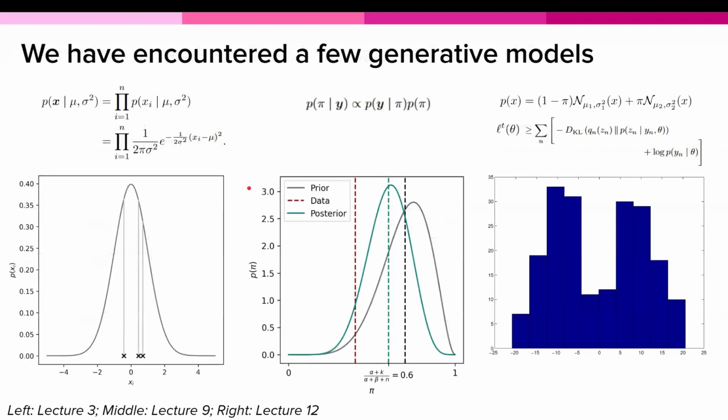Here's a quick recap of generative models so far. We started off with really simple examples of fitting a simple univariate Gaussian to a set of observations. We tackled that with maximum likelihood estimation to define the joint density over a set of observations, xi.